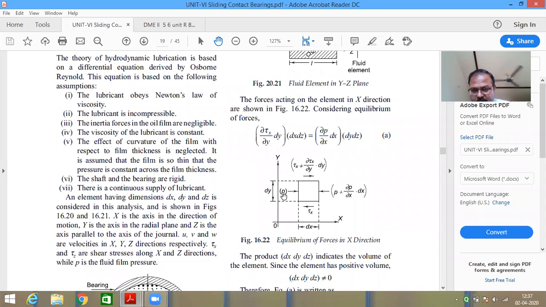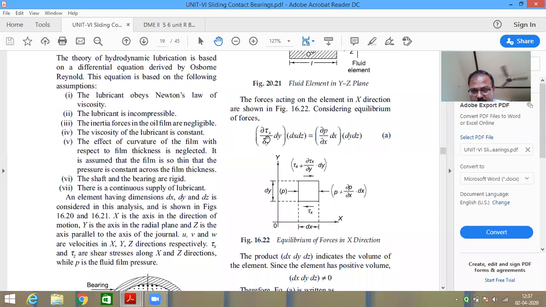You must be remembering when we were deriving the equations for incompressible fluid flows in fluid mechanics: P, then the incremental amount P plus ∂P/∂x with respect to dx direction. This is the shear stress, this is the bearing surface, so shear stress and incremental amount of shear stress. Equating all this, dx dy dz, as it's a volume, will get cancelled.